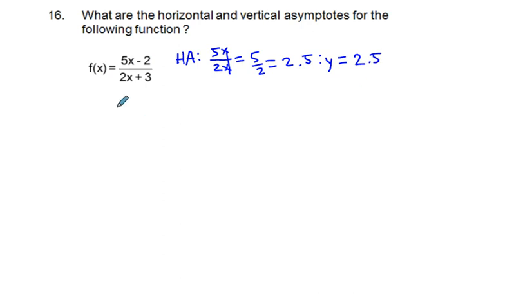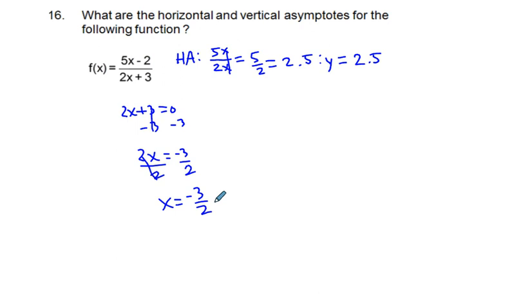As far as a vertical asymptote, we have a vertical asymptote where the denominator is equal to 0. So if we set 2x plus 3 equals 0, and subtract 3, we have 2x is equal to negative 3. So we have x is equal to negative 3 halves. That's our vertical asymptote.